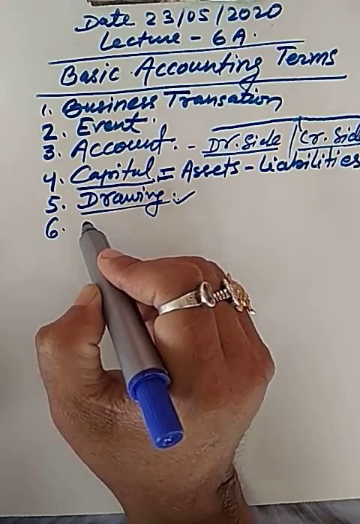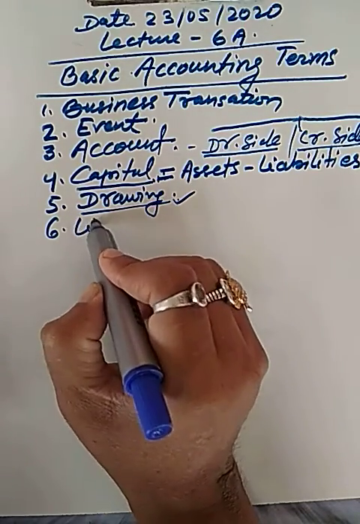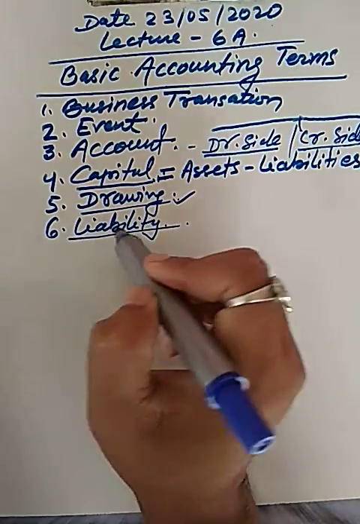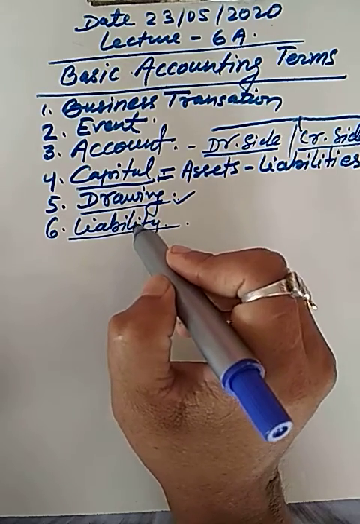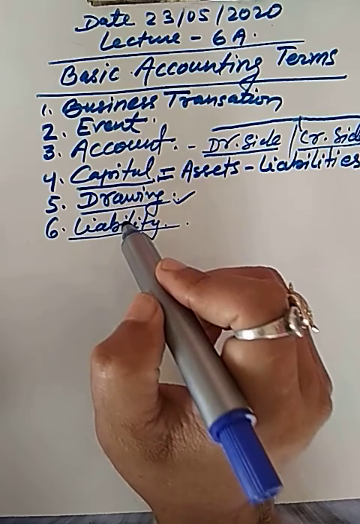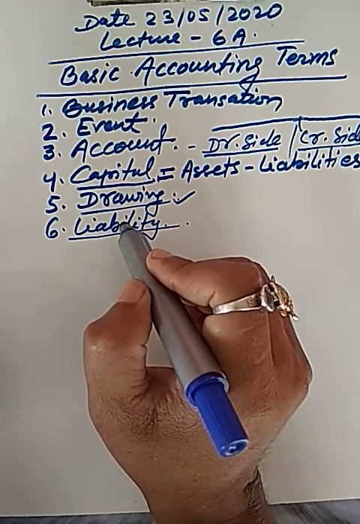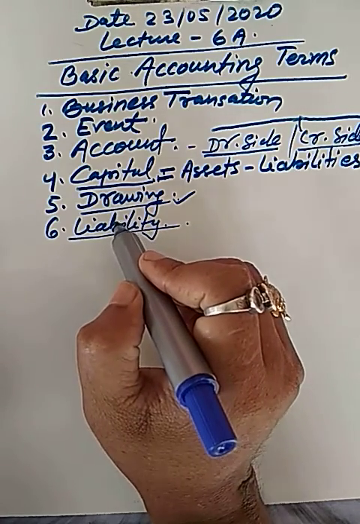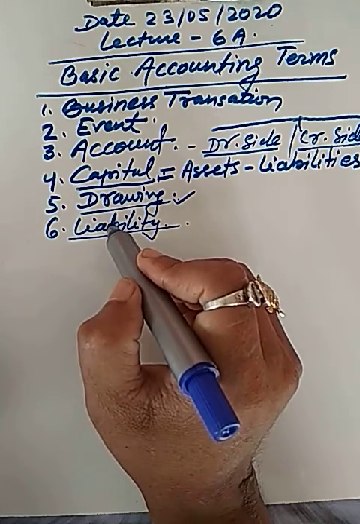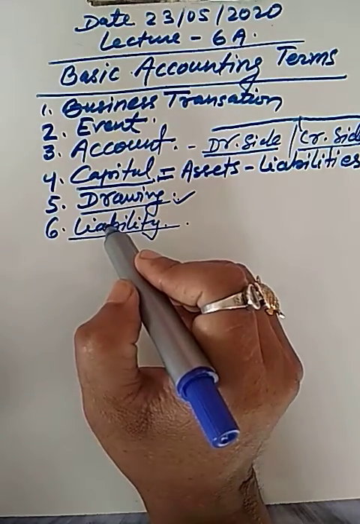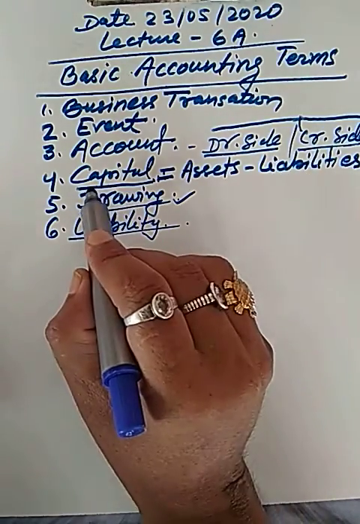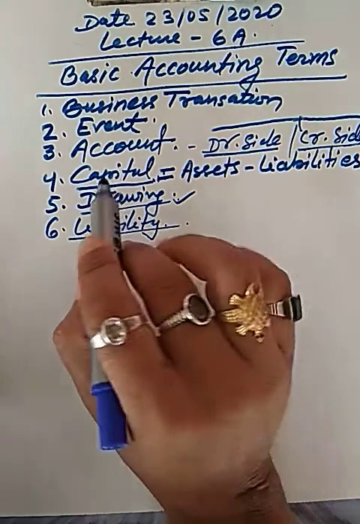The next point is liability. It refers to the amount which the firm owes to outsiders. In the words of Miller, liabilities are debts, they are amounts owed to creditors. This can be expressed as liability equals assets minus capital.